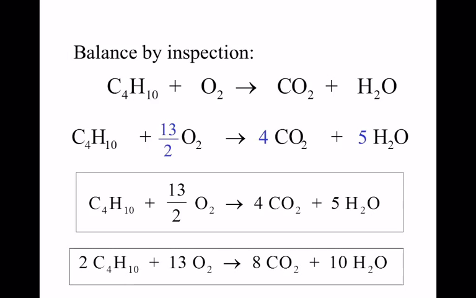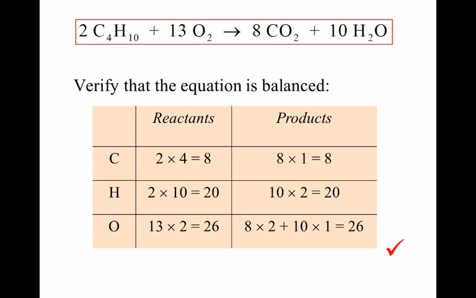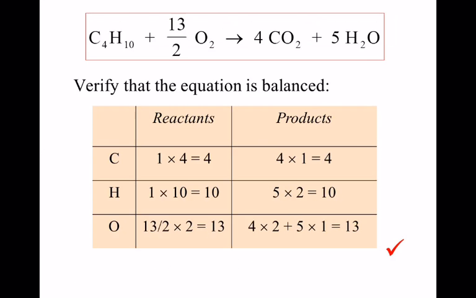So if we did that, we'd end up with a coefficient of 2 in front of the C4H10, a coefficient of 13 in front of the O2, 8 in front of the CO2, and 10 in front of the H2O. So both of those are perfectly valid ways of showing a balanced equation for this reaction. Totally fine. So they both work out.